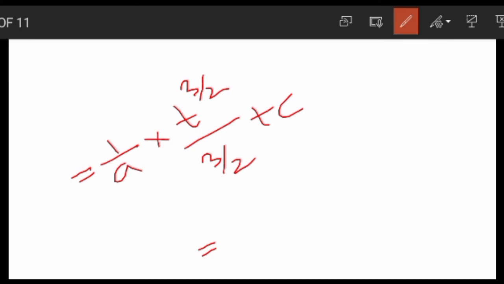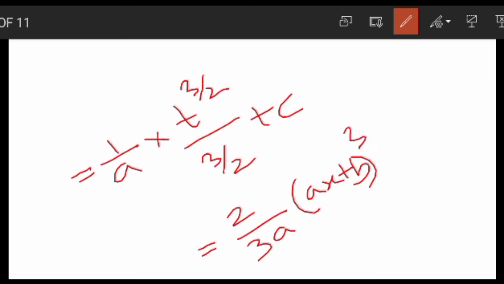Now from here we have 2 by 3a, and substituting the value of t, that is ax plus b, we have finally 2 by 3a into (ax plus b) whole to the power 3 by 2 plus c, which is the required answer.